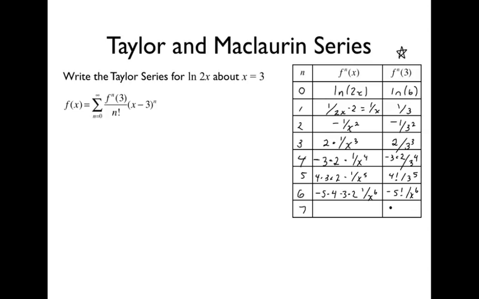This is going to be positive 6 factorial over 3 to the 6th. This is 3, right? This is where we actually evaluated at 3. So looking at the pattern here, what do we see? We see alternating, right? We see the factorial growing, and we see in the denominator powers of 3 growing.